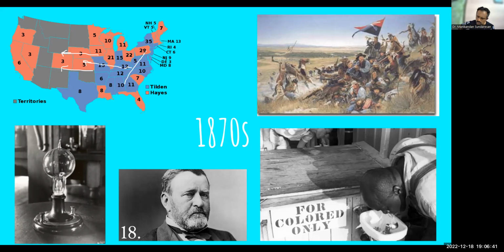Eventually, Union troops would go and defeat the Native Americans to force them into even smaller areas of land for reservations. So if they had this big of a land, the Union forced them into this, and then this. They wanted more room for settlers.